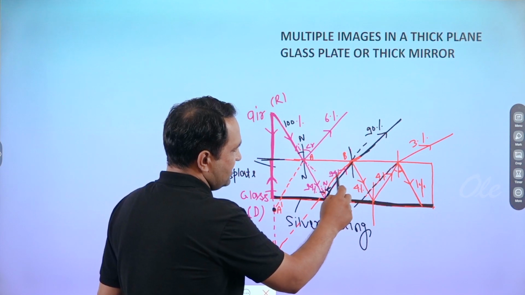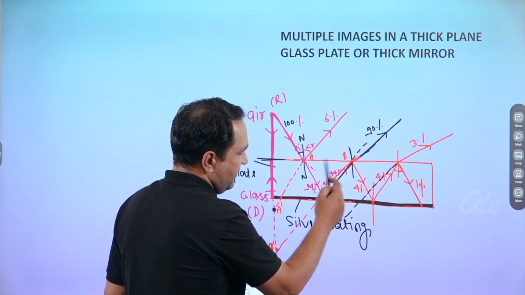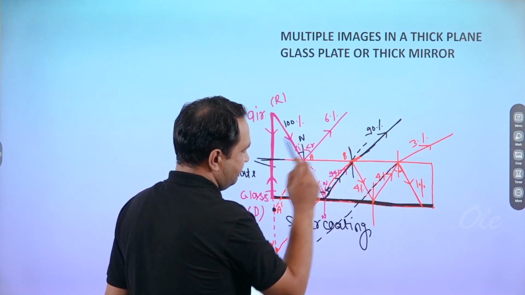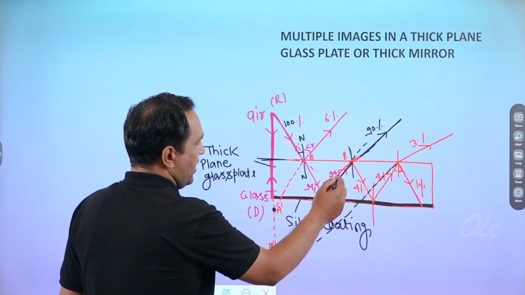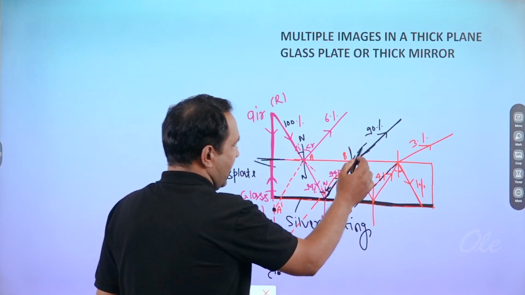So 94% intensity was here when the light was striking here, it will reflect with the same intensity and will reach here. Okay. Now at this point, again what will happen? Most of the light ray will refract.